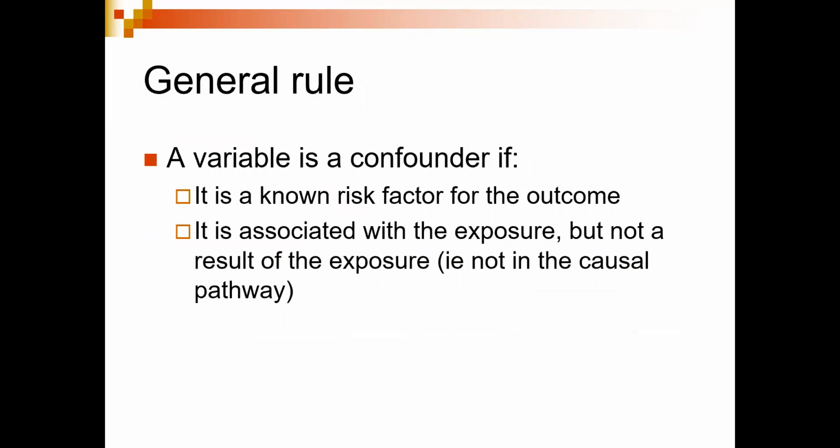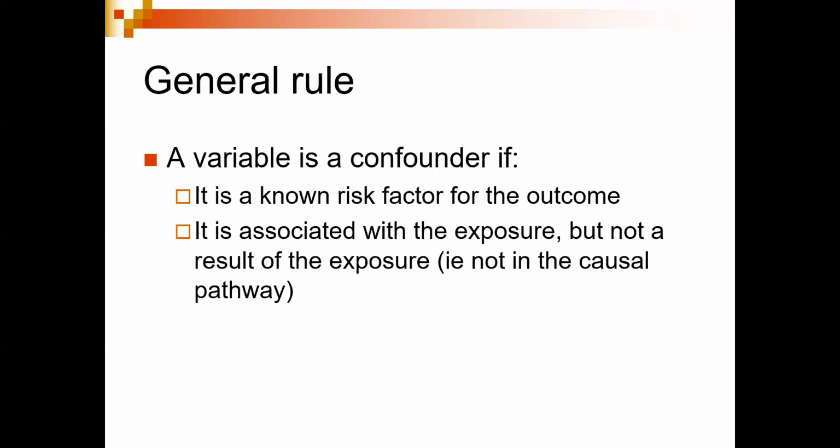So, as a general rule, what is a confounder? A variable is a confounder if, number one, it is a risk factor for the outcome. Number two, it is associated with the exposure, but not as a result of the exposure.